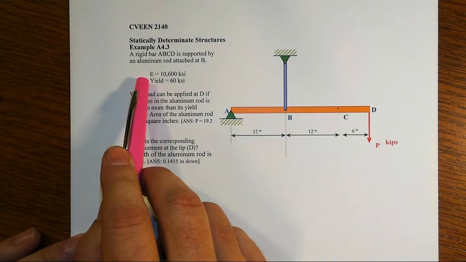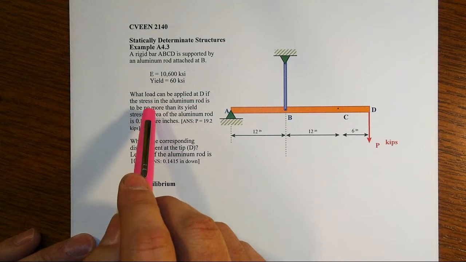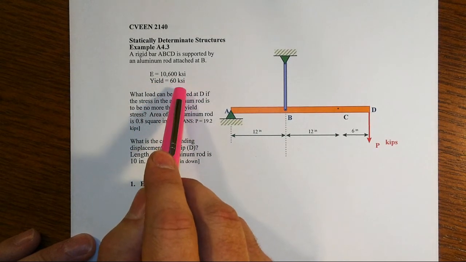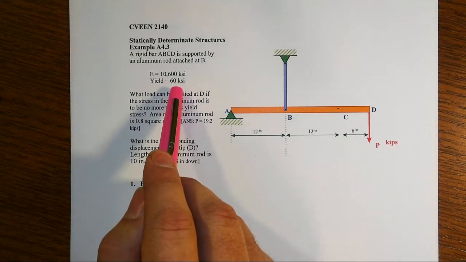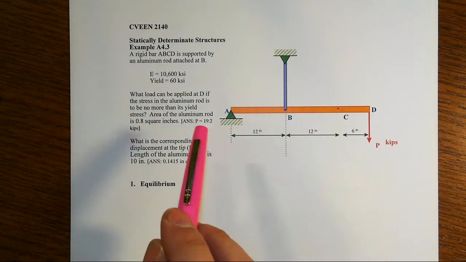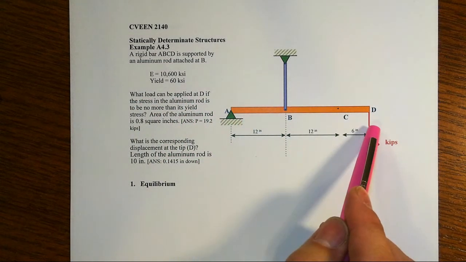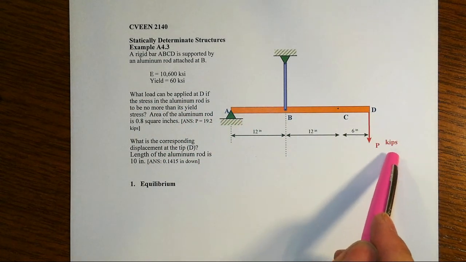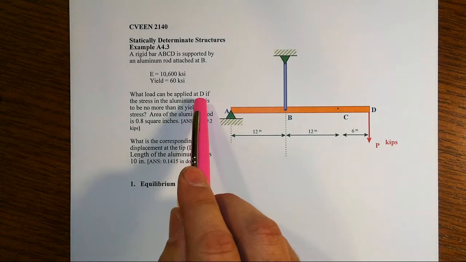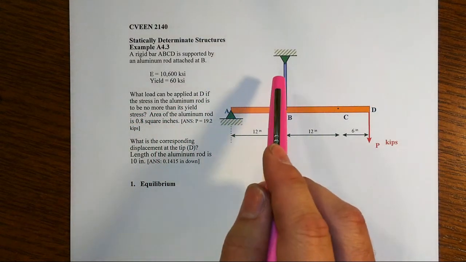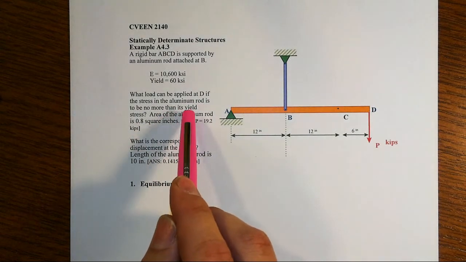We've got the aluminum having a modulus of elasticity of 10,600 ksi, about 1/3 that of steel, a yield stress of 60 ksi, that's comparable or larger than a lot of steels would be, and we're asked to find what load can be applied at D. Well, that's different than before. Before we always said here is the load, but now we're asking what load can be applied at D if the stress in the aluminum rod is no more than the yield stress.